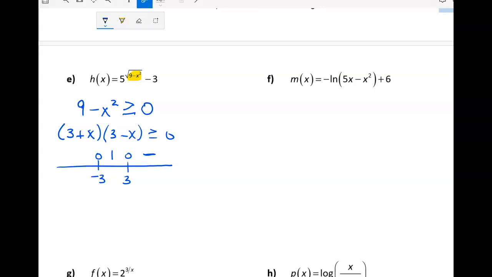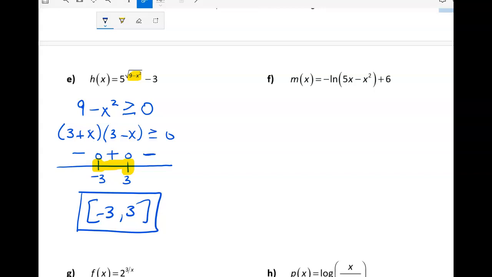Both of these factors are multiplicity 1, so they both have sign changes in them. And we are looking for the place on the number line where the polynomial is equal to 0 or greater than 0, which is positive. So we're going to pick that interval inclusive of those two endpoints, the interval from -3 to 3.